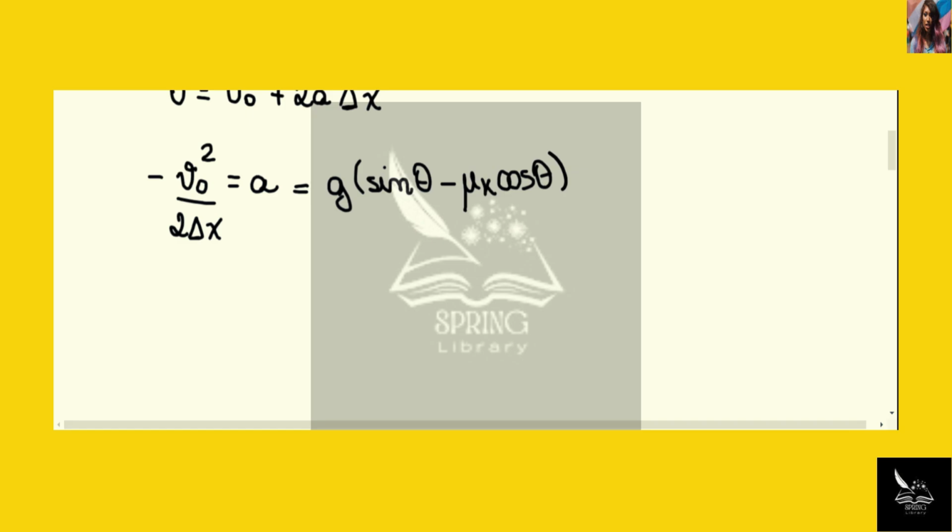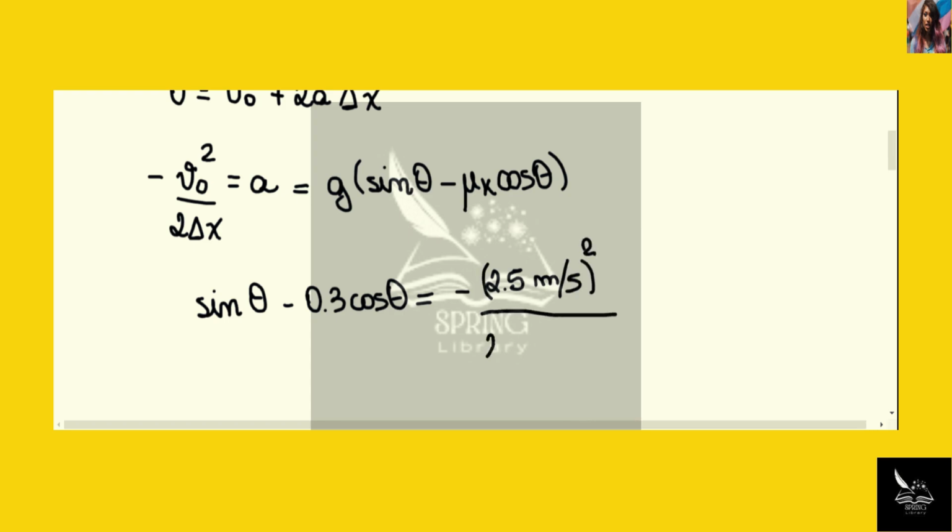So we want sine of theta minus mu k, which is 0.3, times cosine of theta, to be equal to minus v0 squared, so that's 2.5 meters per second squared, divided by 2 times g, which is 9.8 meters per second squared, times delta x, which is 3 meters.